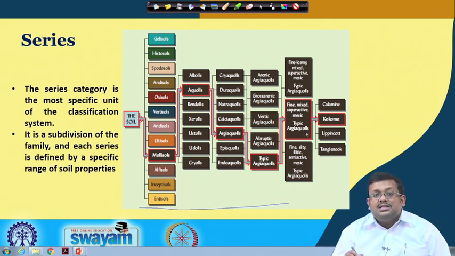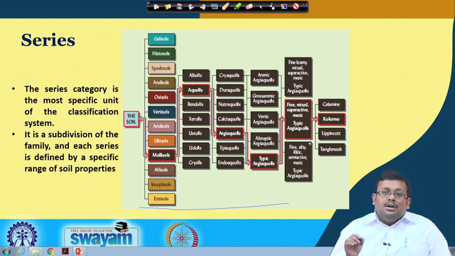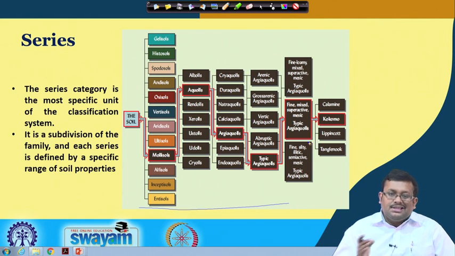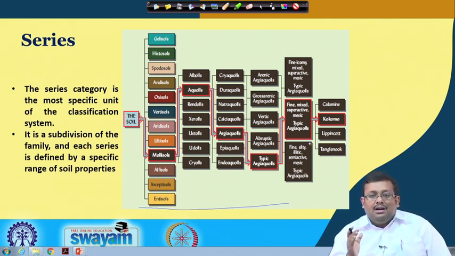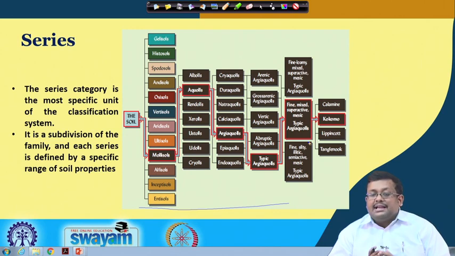Aquolls is the suborder showing the presence of an aquic moisture regime, and oll basically shows the soil order, that is Mollisol. So that is how we can define each and every soil of the world in a systematic way, using these individual criteria or individual categories.